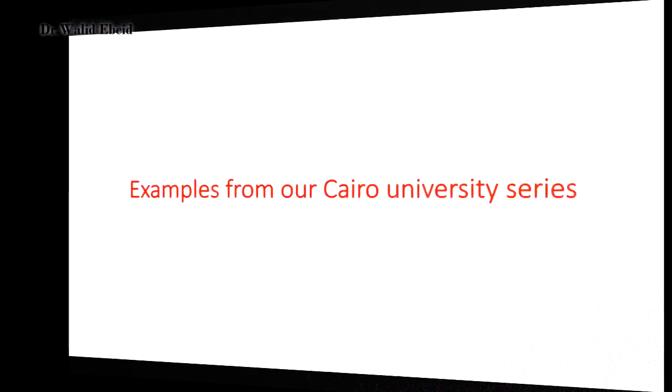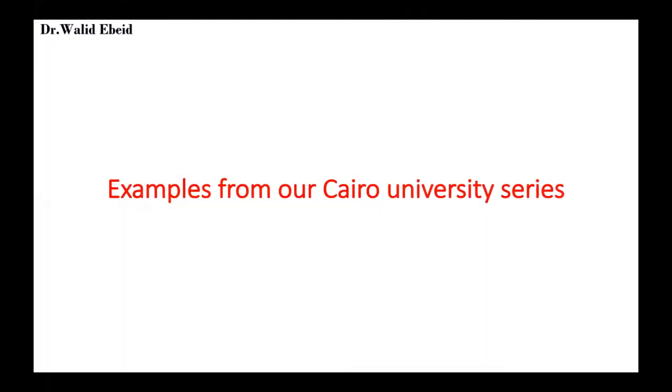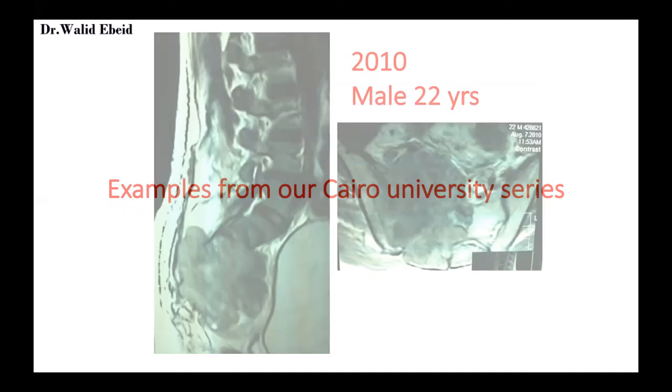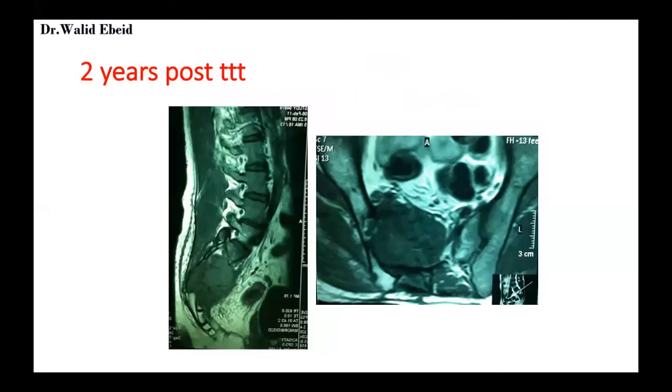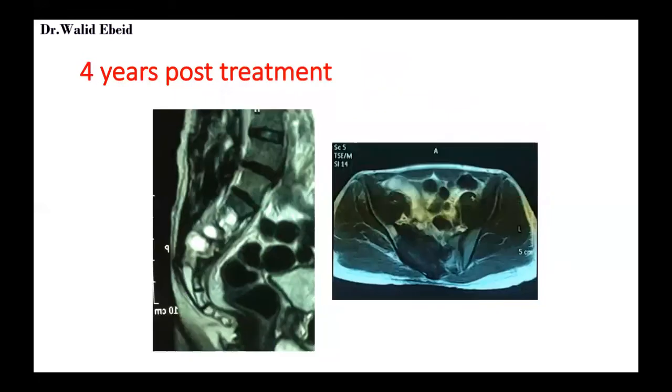Finally, I'd like to show two examples from our series at Cairo University. The first is a male patient, 22 years, who presented to us with a giant cell tumor of the sacrum. This was in 2010. He was started on denosumab treatment. This is his MRI after 2 years, and this is his MRI after 4 years of post-treatment.